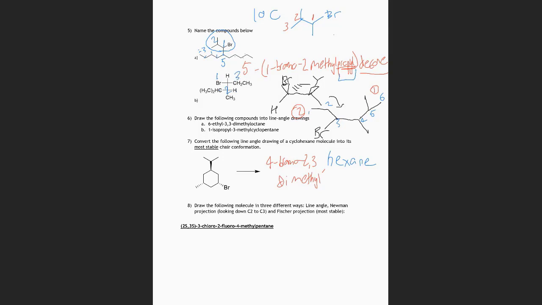So it goes like this, and hydrogen is a dash. So this is the bromine, and this is the other chiral center. So we'll say 3R, 4S. So the full name is 3R, 4S, 4-bromo, 2,3-dimethyl hexane.